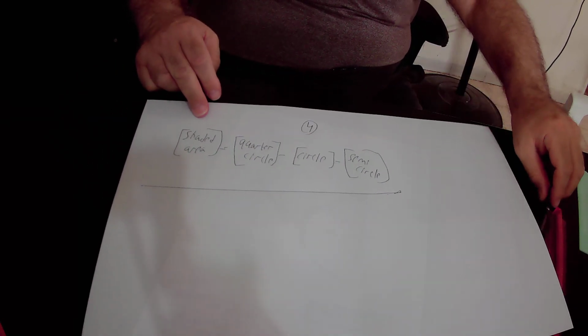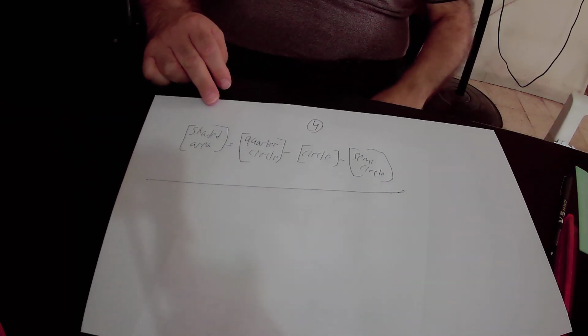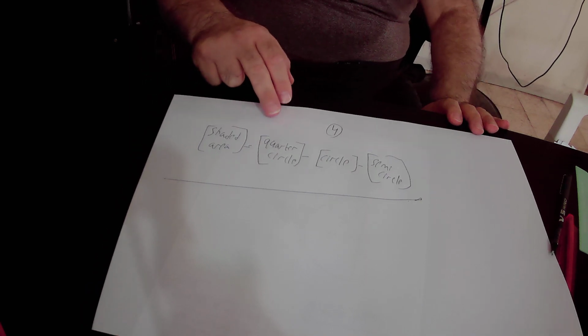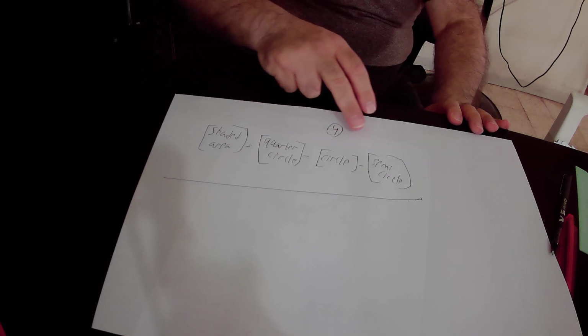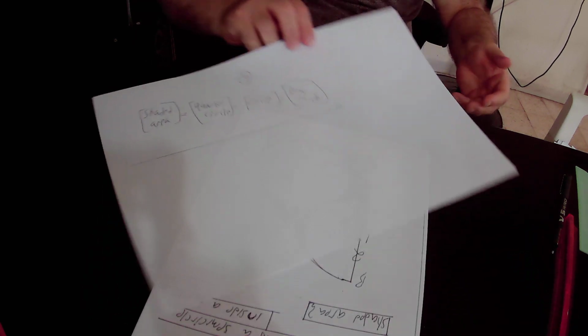I'll repeat again, the shaded area equals the area of the quarter circle minus the area of the circle minus the area of the semicircle.